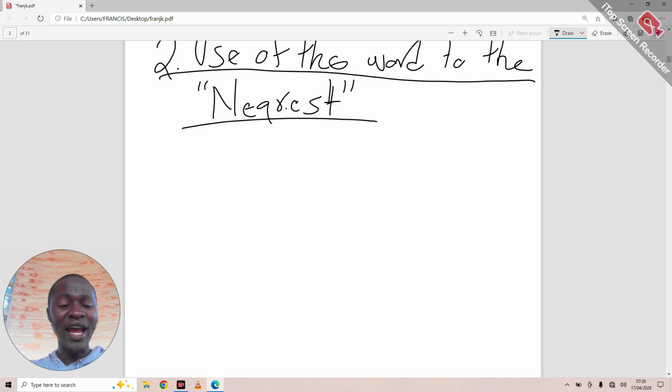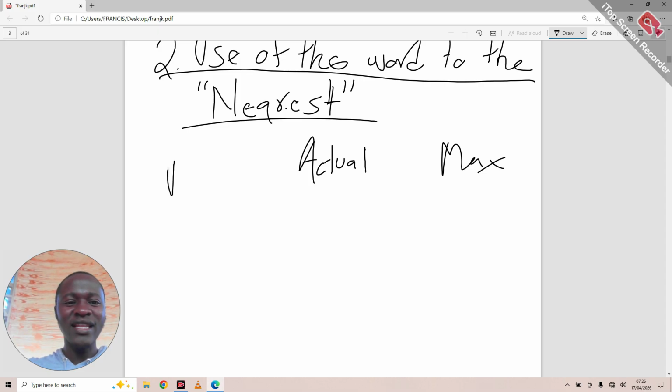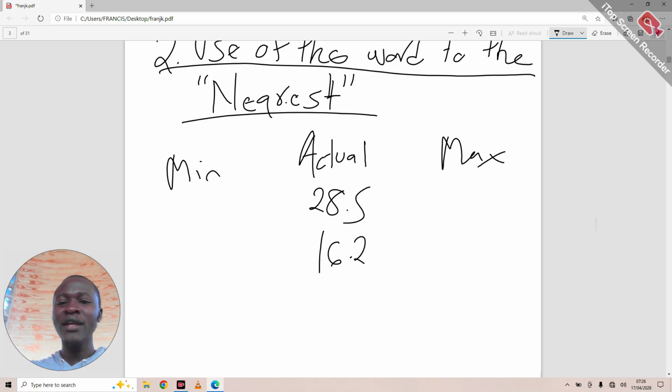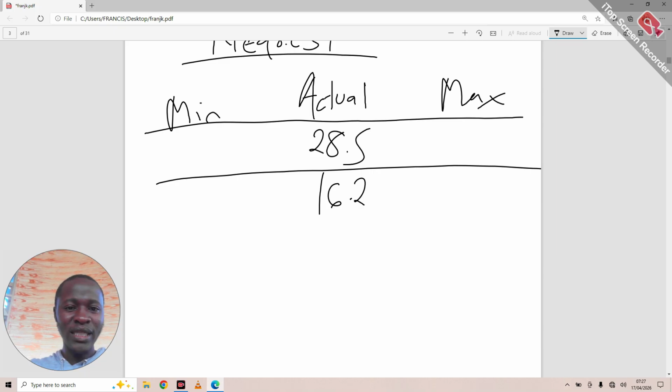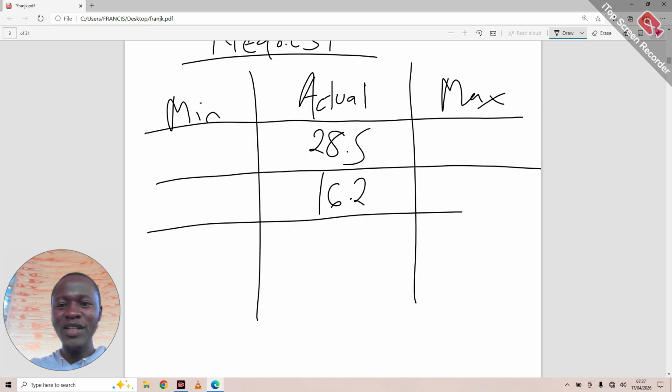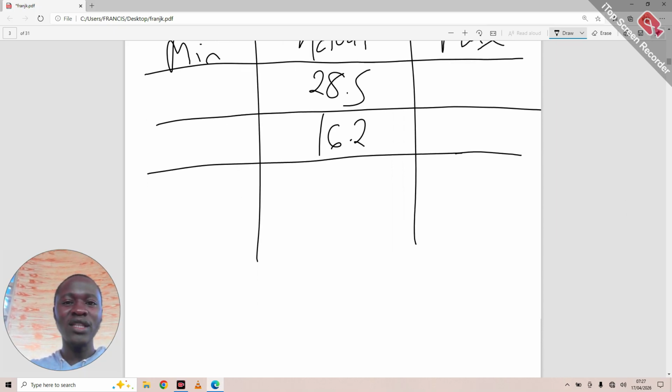But now, he has an idea and he comes. See, Francis taught me. He comes right there, actual, maximum, and minimum, and he has 28.5 and 16.2. Now, this student, considering 28.5, gets the accuracy in that particular number, and obviously the accuracy is 0.1.